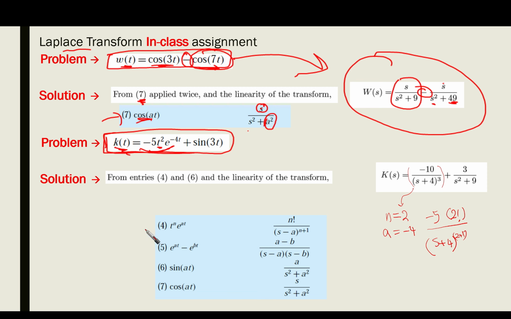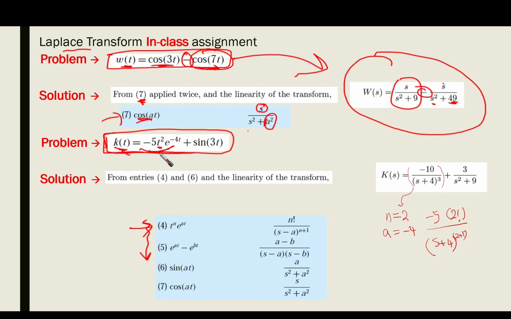Can you search the table? If you go through the table, we're going to find entry number 4, where we have t to the power n times e to the power at. Don't worry about the constants because we are going to deal with them later.